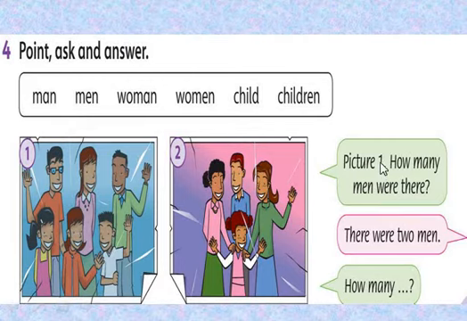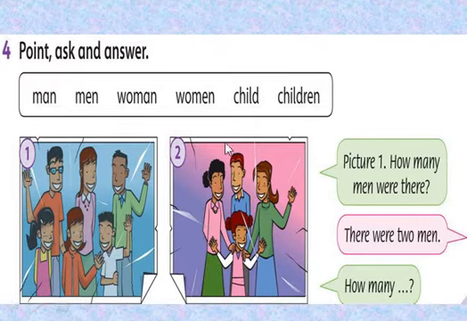answers. Okay, for example, picture 1. This is picture 1, right? How many men were there? There were 2 men. Is it right? 1 and 2, right? How many boys were there? There was 1 boy.